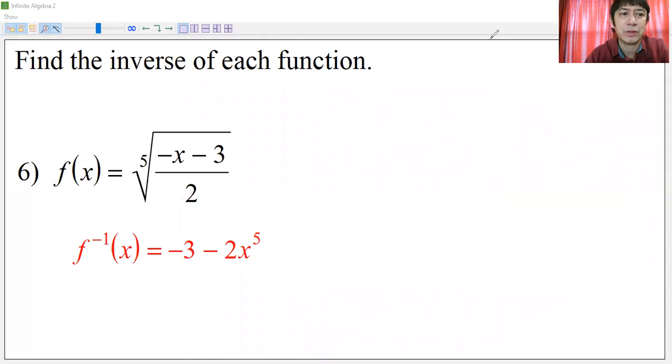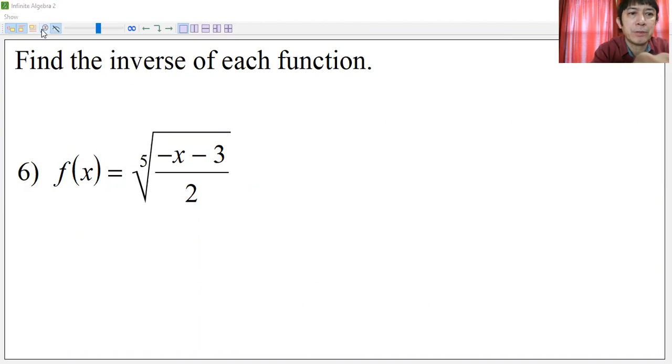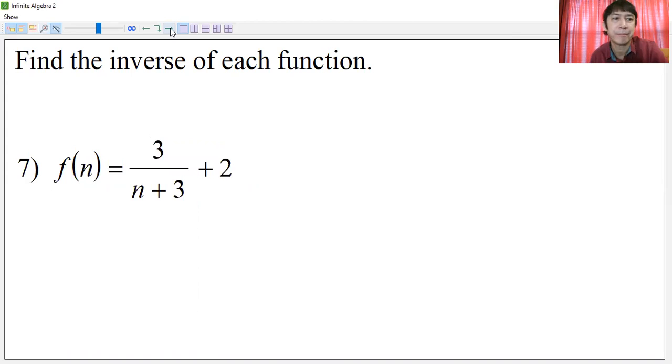Let's continue with number 7. Here's number 7. Find the inverse of f of n equals 3 over n plus 3 plus 2. Since these letters are involved, we have f and n.